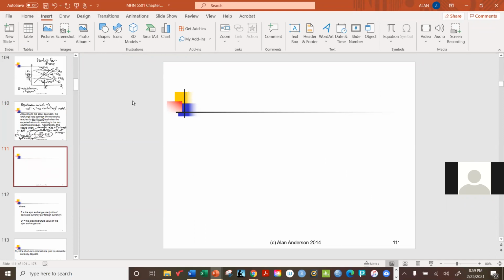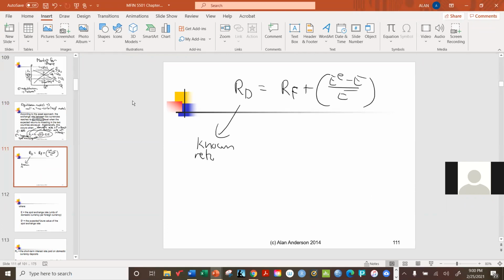So we're saying that RD in equilibrium equals RF plus this expression, (EE minus E) over E. So this is the known return to investing in dollars.